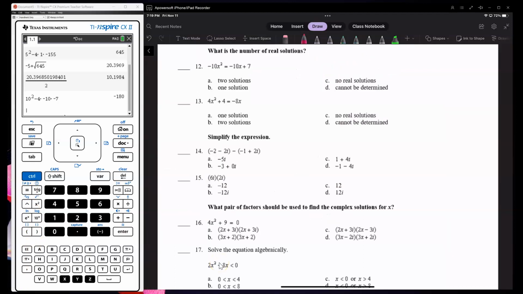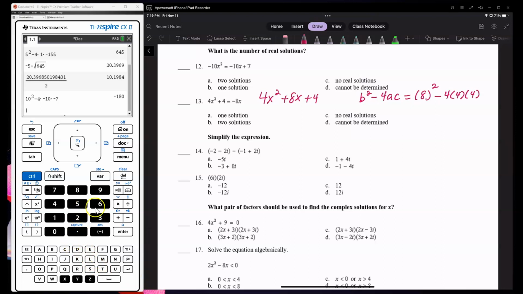Number 13, we want to find the number of real solutions, so we have to write it in standard form. 4x squared plus 8x plus 4. We have b squared minus 4 times a times c. In this case, b is going to be 8 squared minus 4 times 4 times c, which is 4.